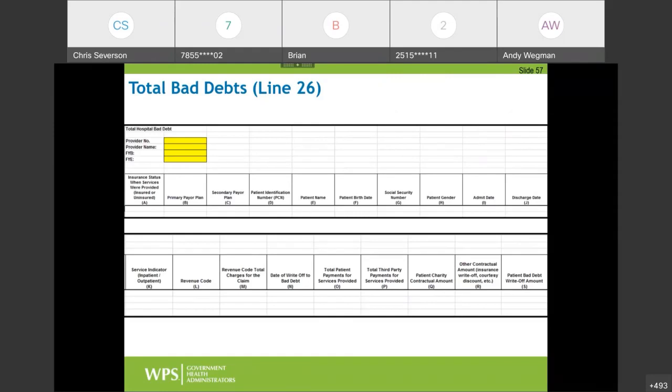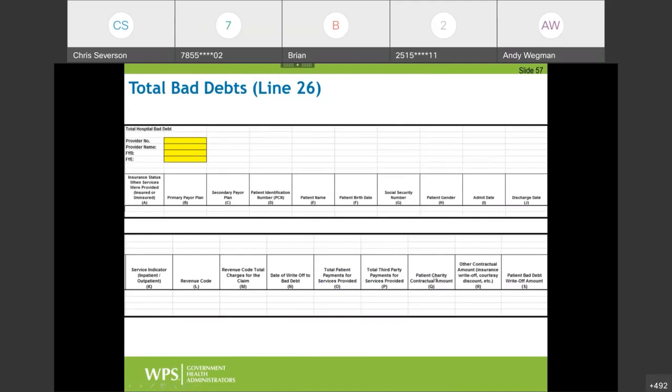So basically we had all these offsets to the charity care charges. We had the revenue code total charges, and we're offsetting them with the payments, the third-party payments, charity care, contractual amount. That's the thing I want to point out here, is that this is basically any charity care that's ever been written off for this particular claim, regardless of the year.